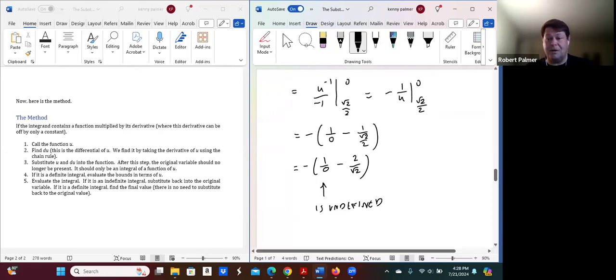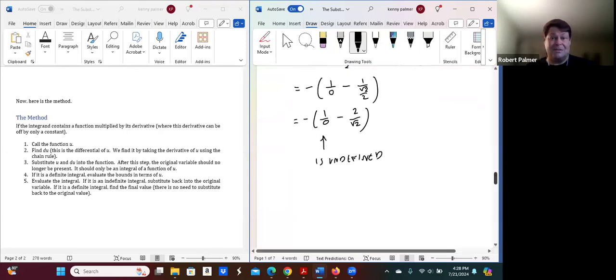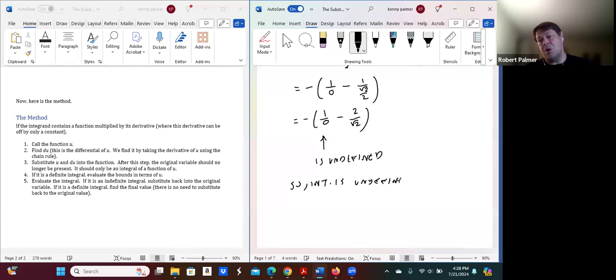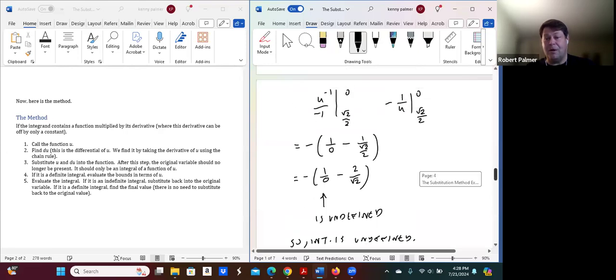Okay, that's undefined. So this integral is actually undefined, which can happen sometimes. So basically what it means is there's probably an asymptote in it somewhere, and it's causing it to be undefined.